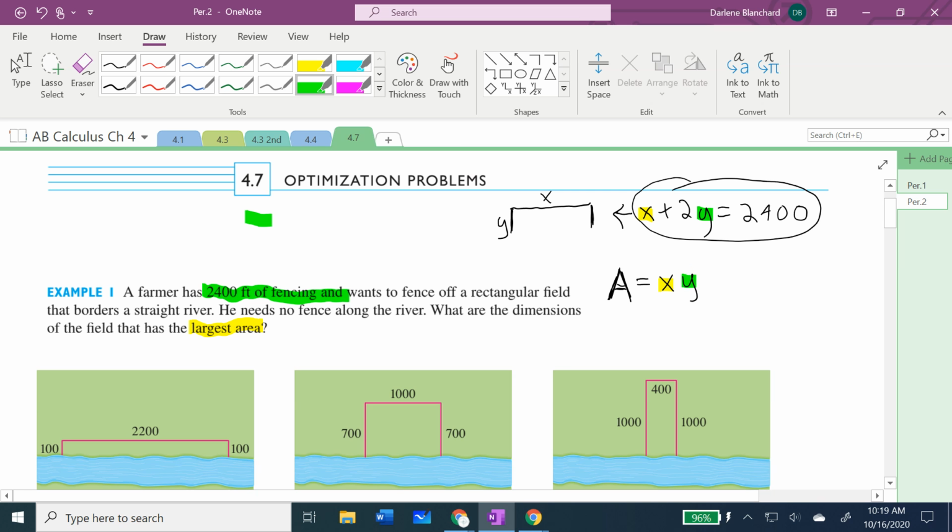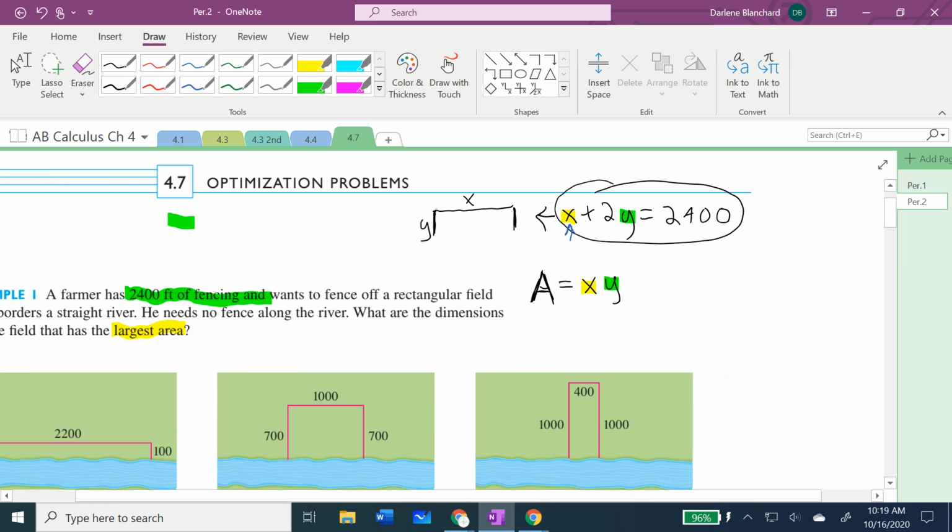Your choice will make it either a fraction or not a fraction. I prefer the non-fractional way. The non-fractional way is if I isolate this X, I don't have to divide by 2.